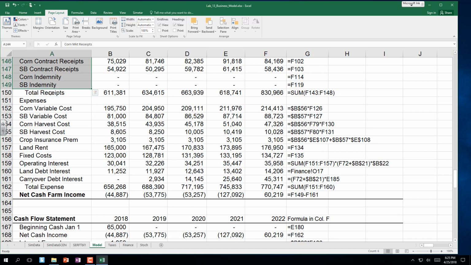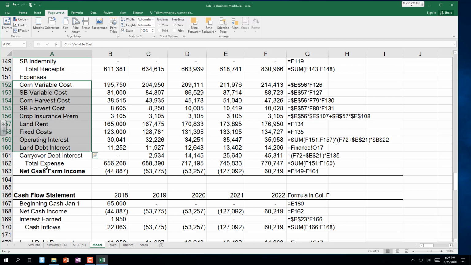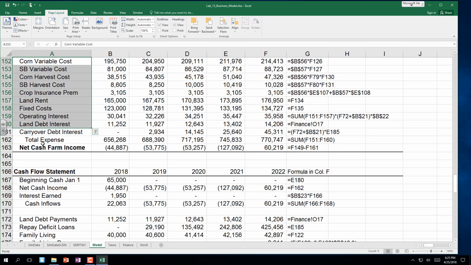Grandmother died and gave you money or something like that, it all goes in there. I'm kidding about grandmother because that's taxed by a different method. Then you have your variable costs by crop, harvesting costs, insurance, land rent, et cetera, expenses, net cash.